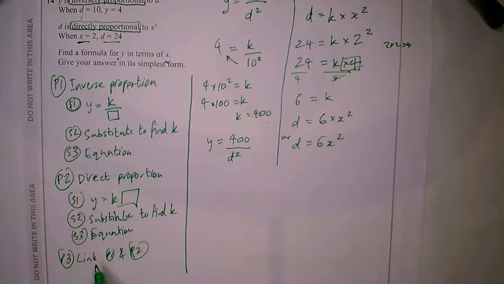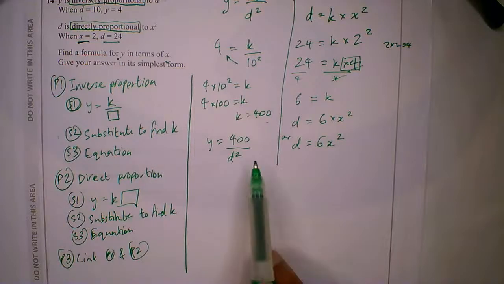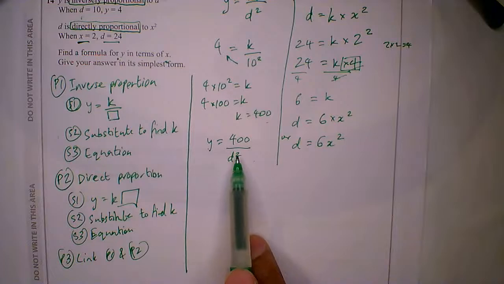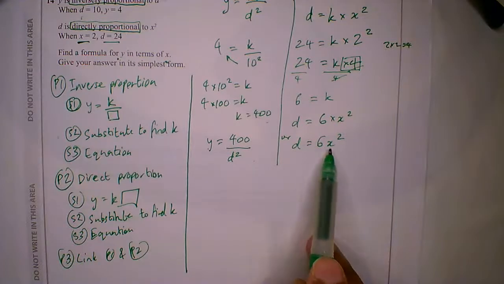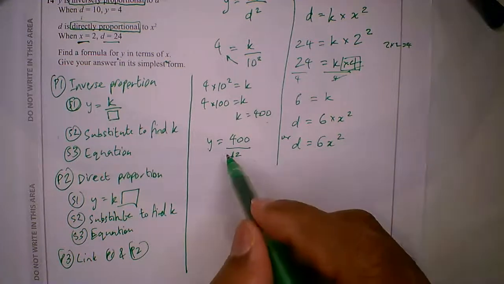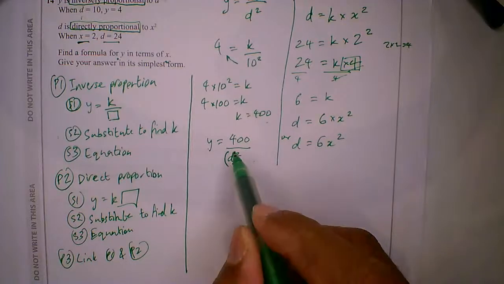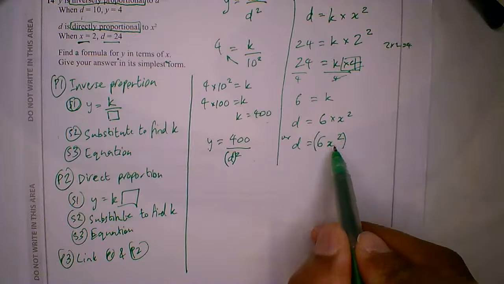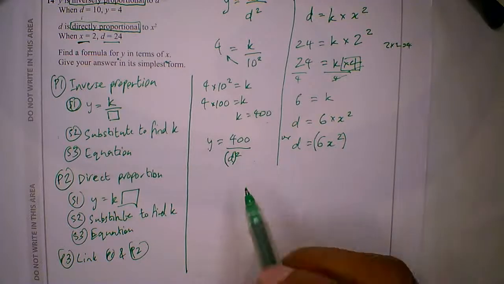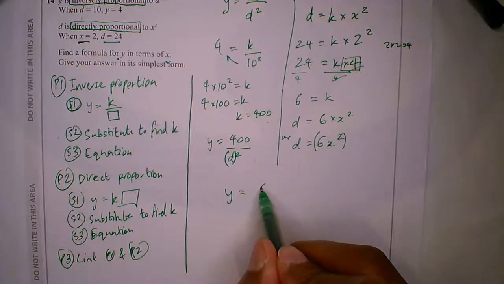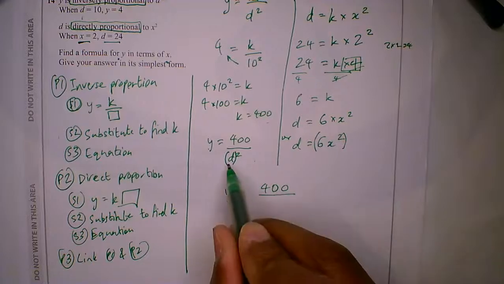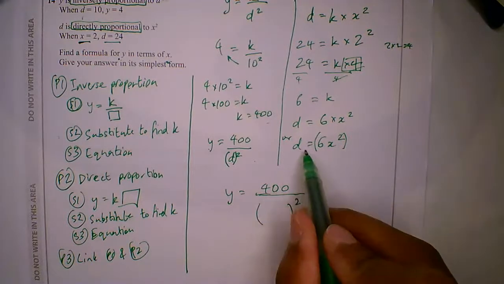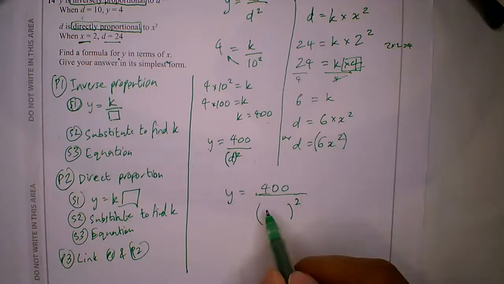Now I need to link part 1 and 2. I can see here I've got y, I've got d squared, and I've got d equals. So I'm going to put brackets around here. Whatever it says for d equals, I'm going to put into here. So y equals 400 over, brackets, squared, and it's d equals all of that, 6x squared.